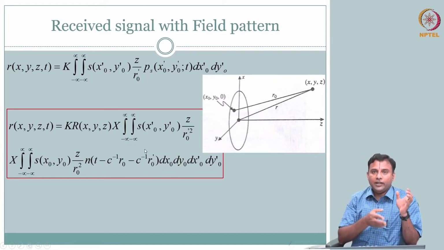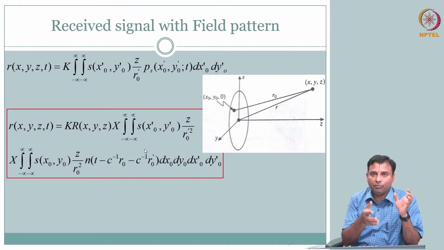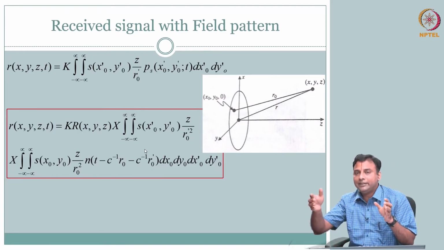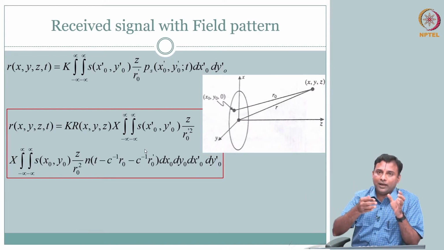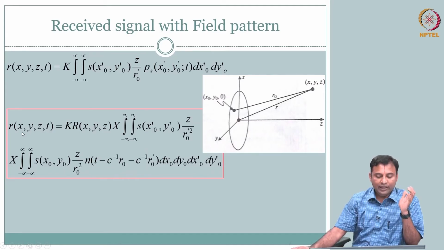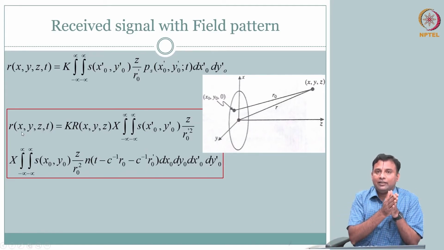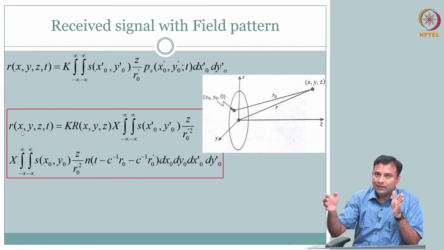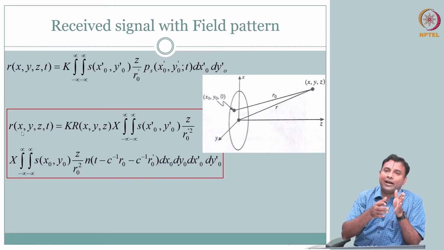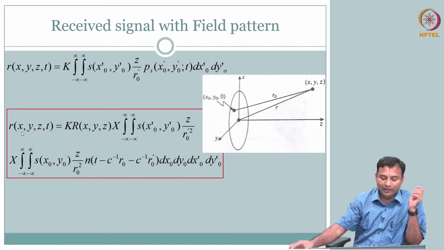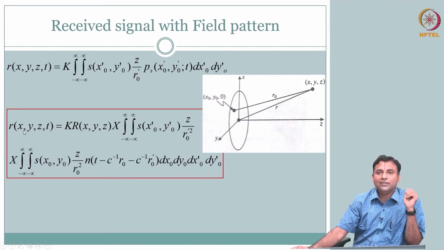So, why are these two integrals? A surface area is contributing, a surface is a collection of points. So, dx and dy come there. When that field pattern goes, hits, and the reflected or scattered signal comes back, that is again exciting the crystal. So, that is another two integrals for the area dx dy. Therefore, what you receive is what you sent and how much came back, the echo that came back, the sum of all that is your received signal.